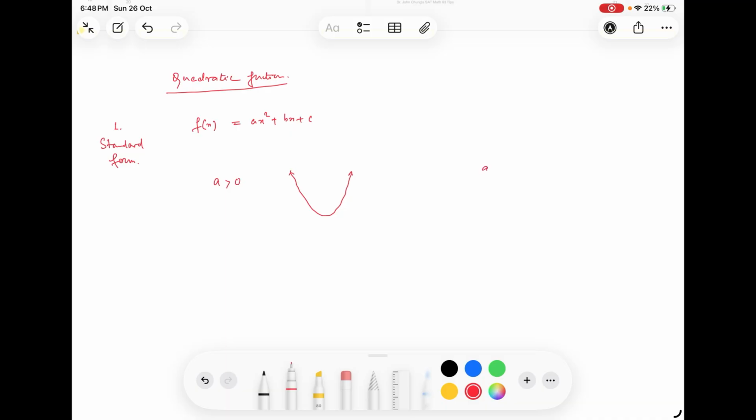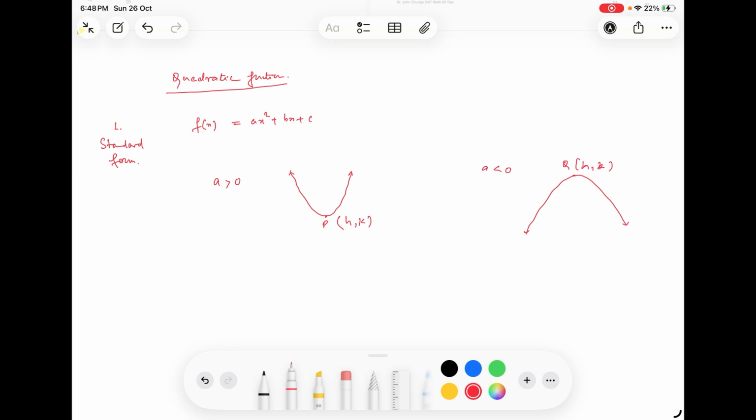And if it is negative, it faces downwards. When it faces upwards, we have a vertex, that is the minimum value, say at point P. And when it faces downward, we have the maximum value, say at point Q. Both these are known as the vertex of this parabola.